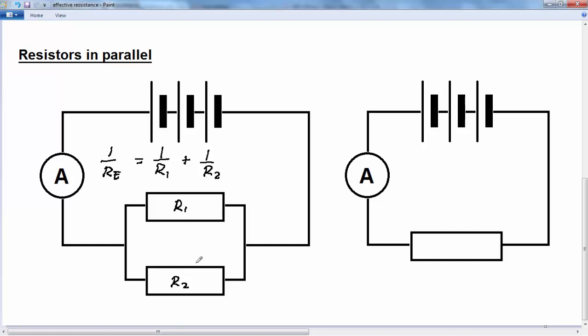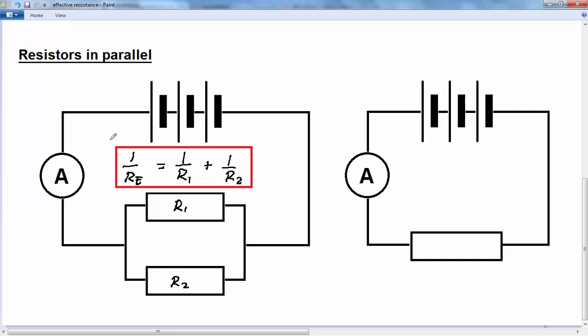If you have 3, 4, 5 resistances in parallel, it will be 1 over R1 plus 1 over R2 plus 1 over R3 plus 1 over R4, etc. We've just got 2 here to keep things simple. That's our effective resistance relationship.